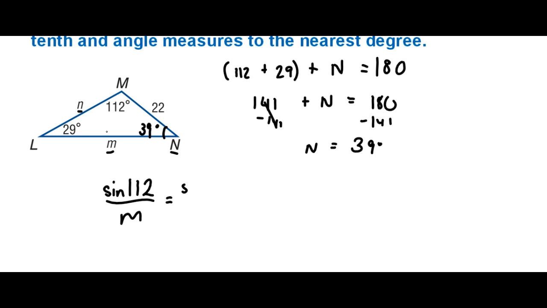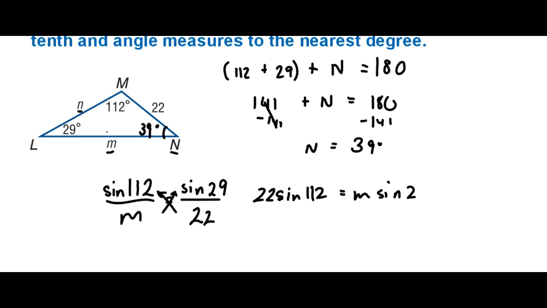So the sine of 29 goes with the side of 22. When we cross multiply those, I get 22 sine of 112 equals m times sine of 29. I'll go ahead and divide both sides by sine of 29.